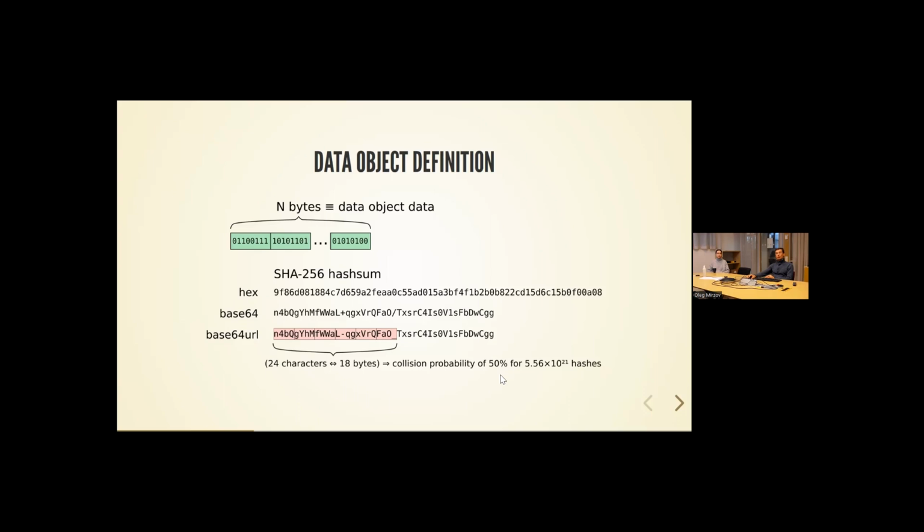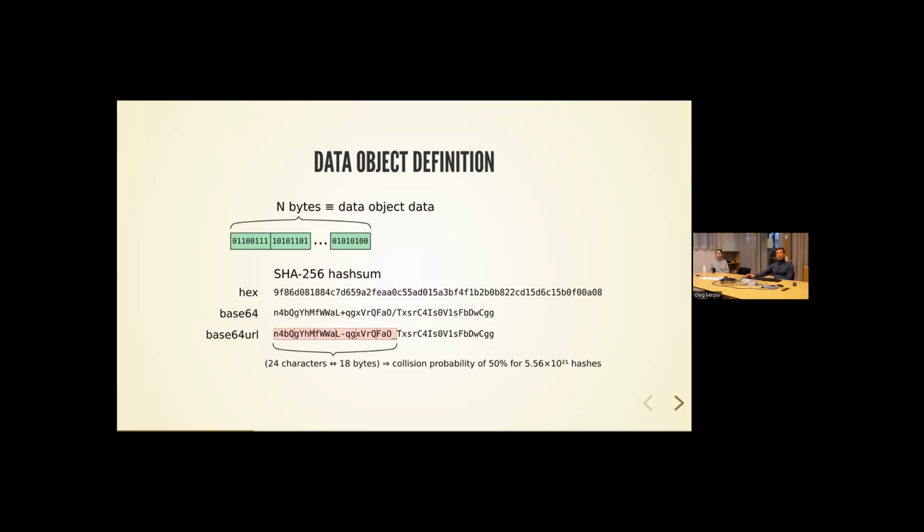To bring the collision probability to 50%, you need to have this many hashes: something like 5,000 billions of billions. That's way more than we're going to have, so I think we're quite safe with collisions. But okay, so that's what the data object is.